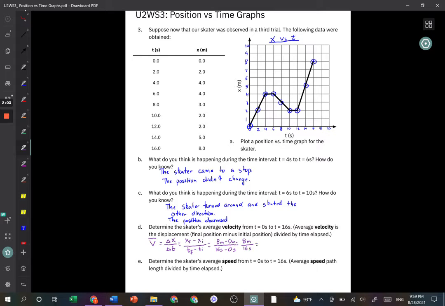So we can write that as 1 meter every 2 seconds, or we can write our average velocity as 0.5 meters every 1 second. This is our average velocity.